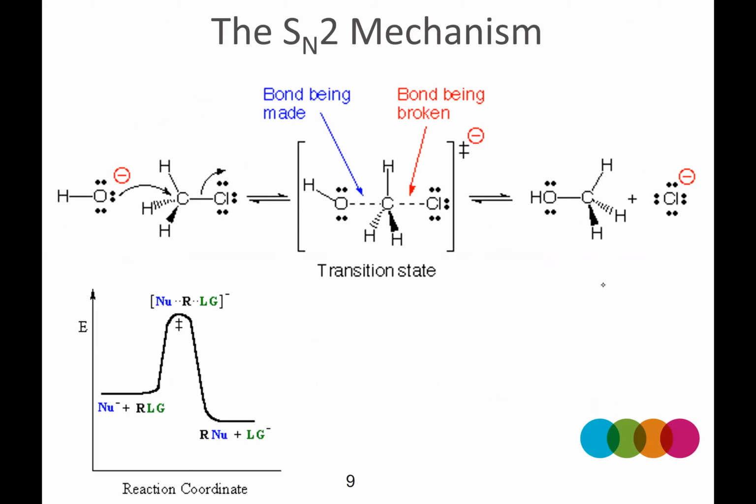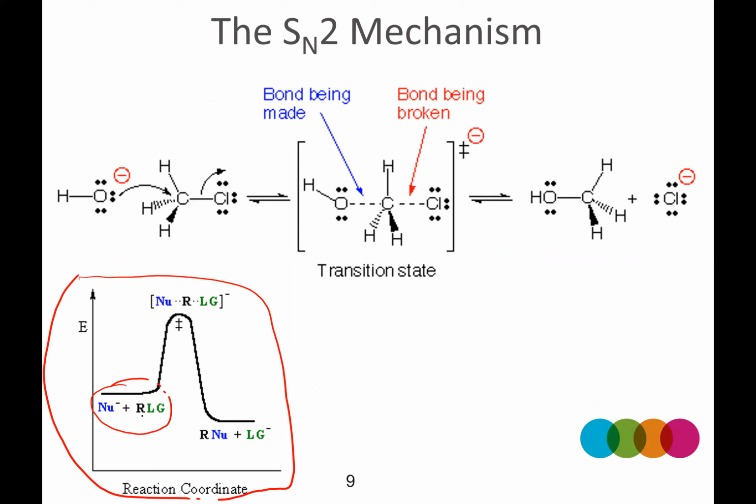So there's the reaction, and down here, the energy diagram. Let me explain this. It looks a little complicated. Here's your nucleophile and a substrate. Here's the product where the nucleophile has replaced the leaving group and the leaving group has been kicked out. Here's your transition state at the top, right? As you go up this curve, the nucleophile is forming a bond to the carbon and the bond to the leaving group is starting to break. That's the transition state.